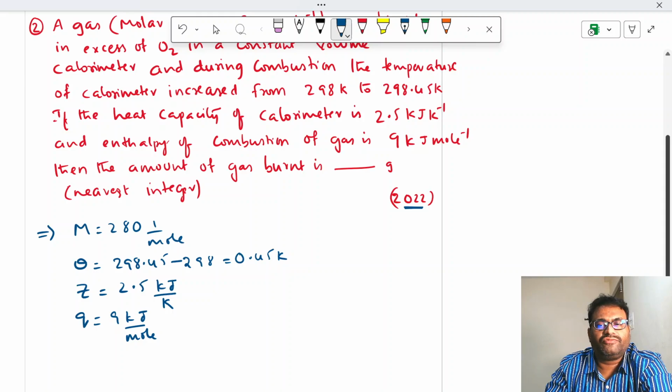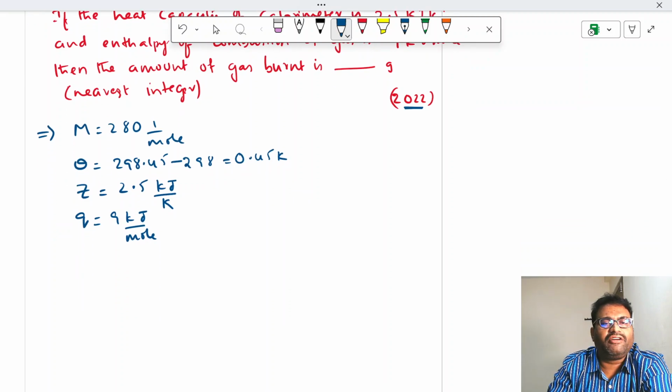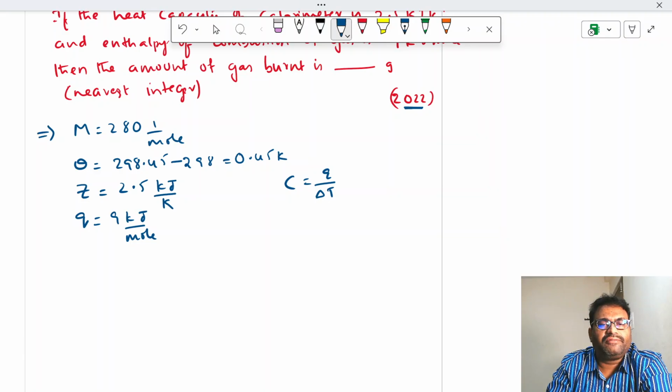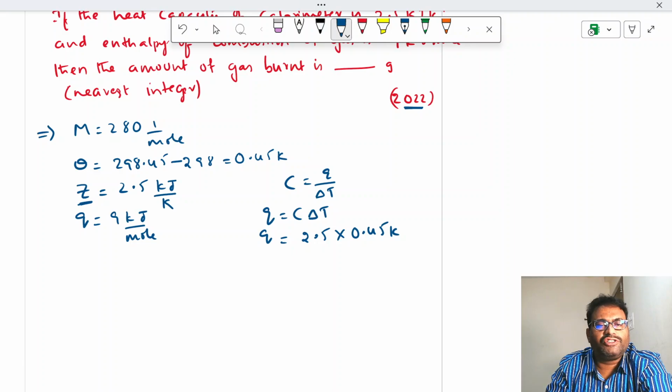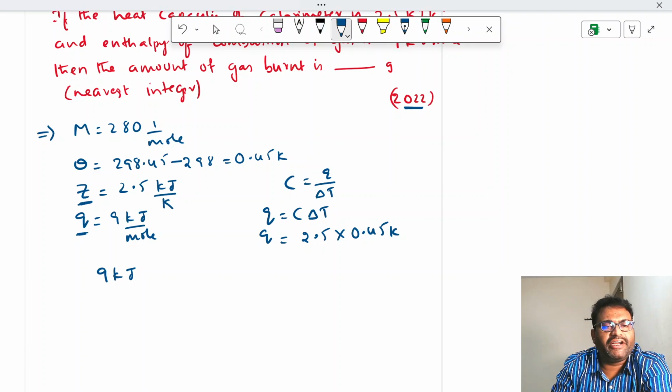So how can we solve this question? We can solve in one way that we know the formula heat capacity C is equal to Q by delta T. So Q is equal to C into delta T. C is nothing but Z. Z is 2.5 into delta T, 0.45 Kelvin. 9 kilojoules heat energy is liberated when 1 mole of the substance is combusted.